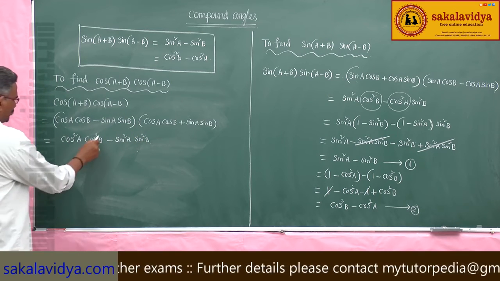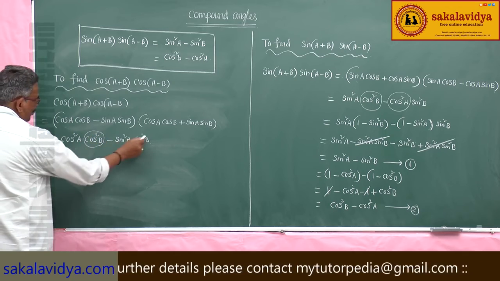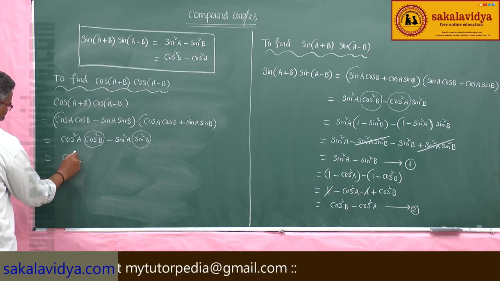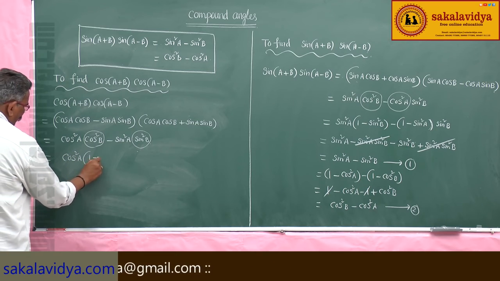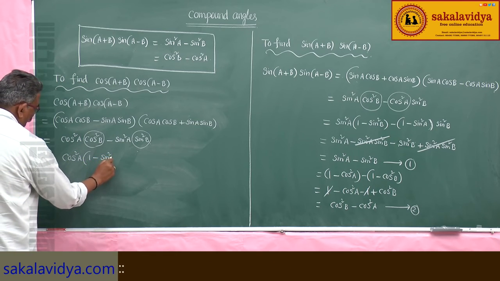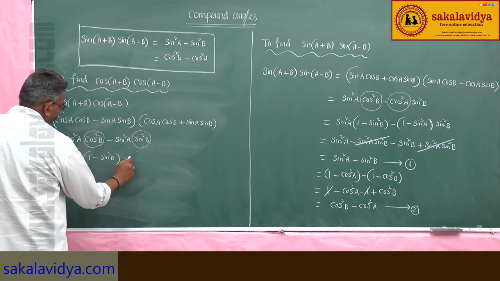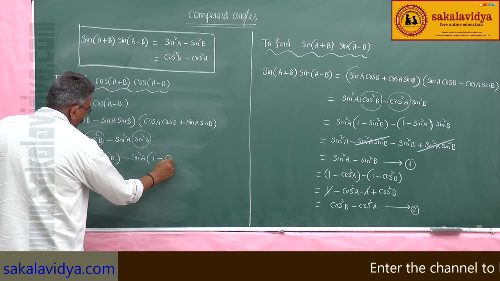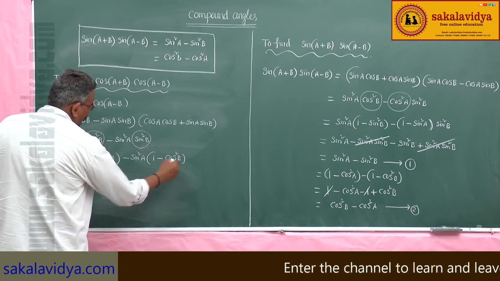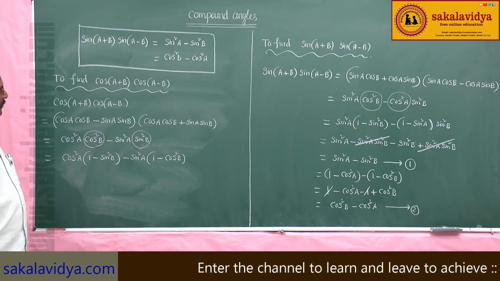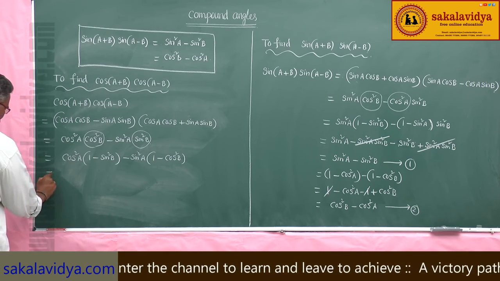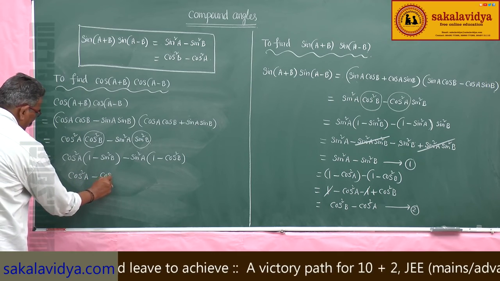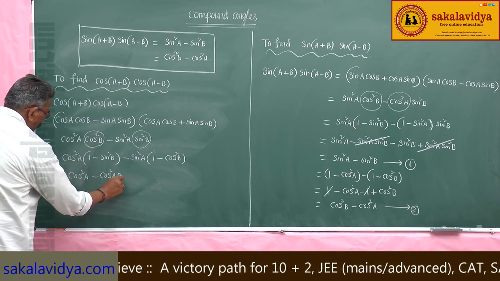Let us change this cos square B in terms of sin square B. So we can write cos square A into 1 minus sin square B minus sin square A into 1 minus cos square B. Let us check it. Now we get cos square A minus cos square A sin square B.